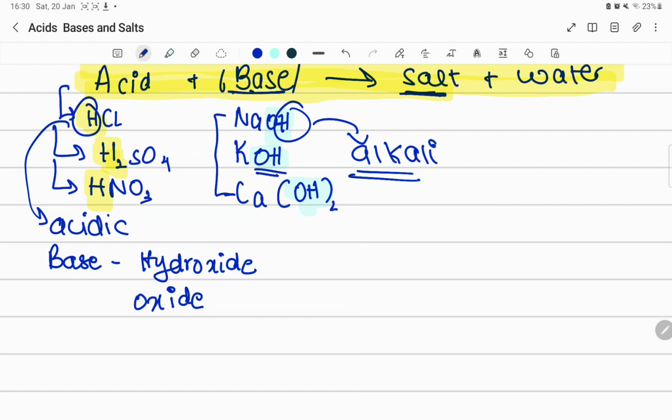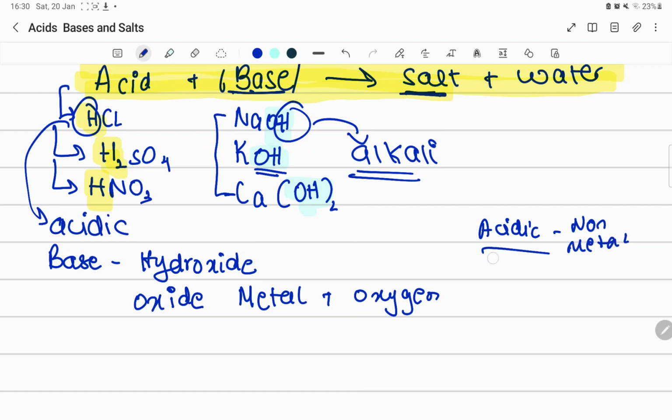Now, an oxide is any metal and oxygen. Metal and oxygen makes a basic oxide. Likewise, non-metal and oxygen would make an acidic oxide. So an acidic oxide is non-metal with oxygen.